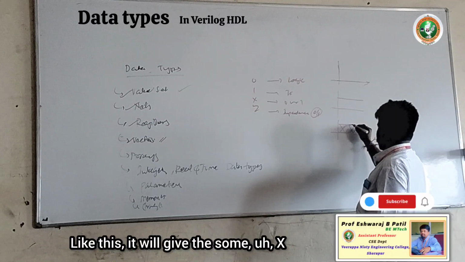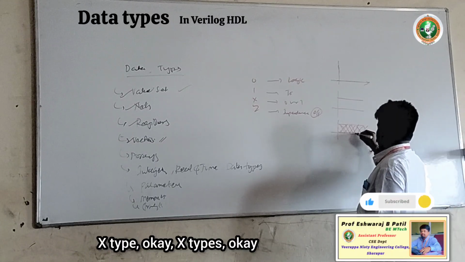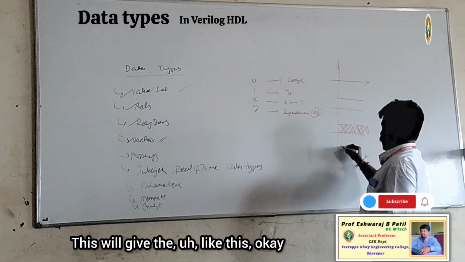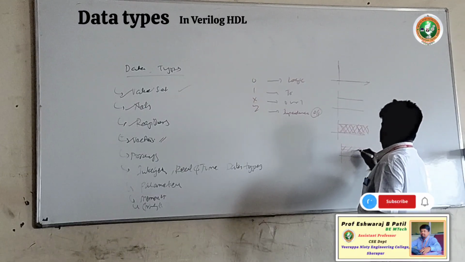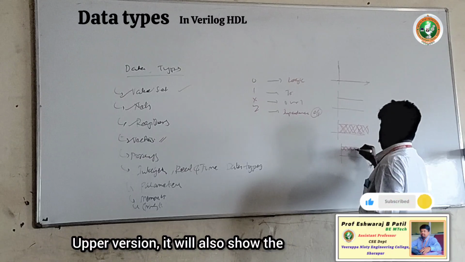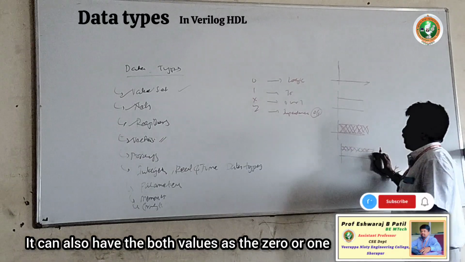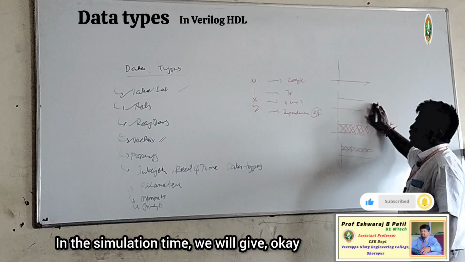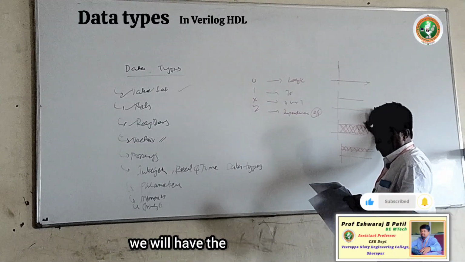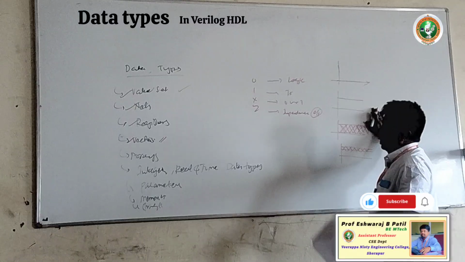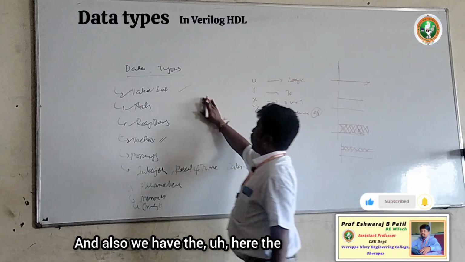It will give some x type. Even the impedance shows the same as the upper version, it can also have both values 0 or 1. In the simulation time we will have these types of conditions.